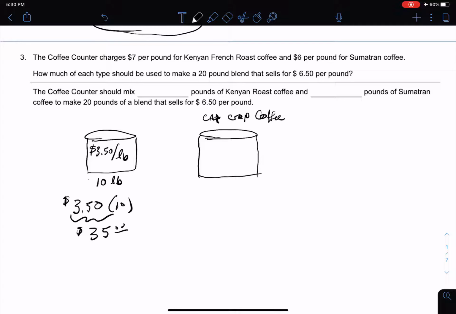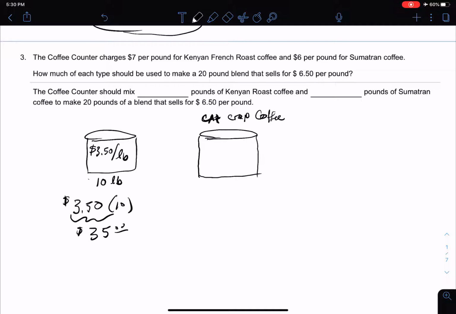Anyways, this is really expensive coffee. These cats collect these little coffee beans just at the right time and chew them up, and their digestive enzymes do wonders for the bean, and then they go to the bathroom somewhere, and people come and pick it up and sell it to dumb people like us that buy it for a lot. Anyways, the cost of this coffee could run $100 to $600 a pound.